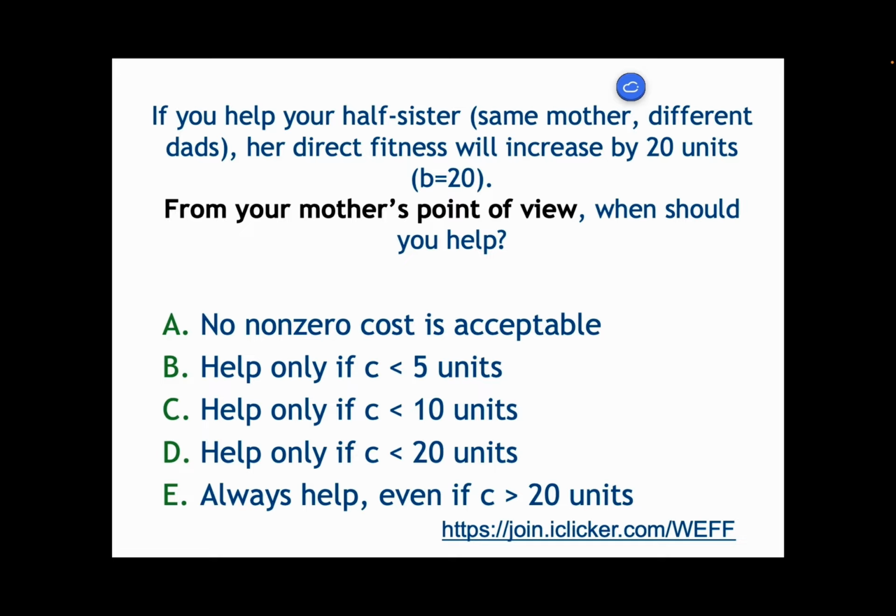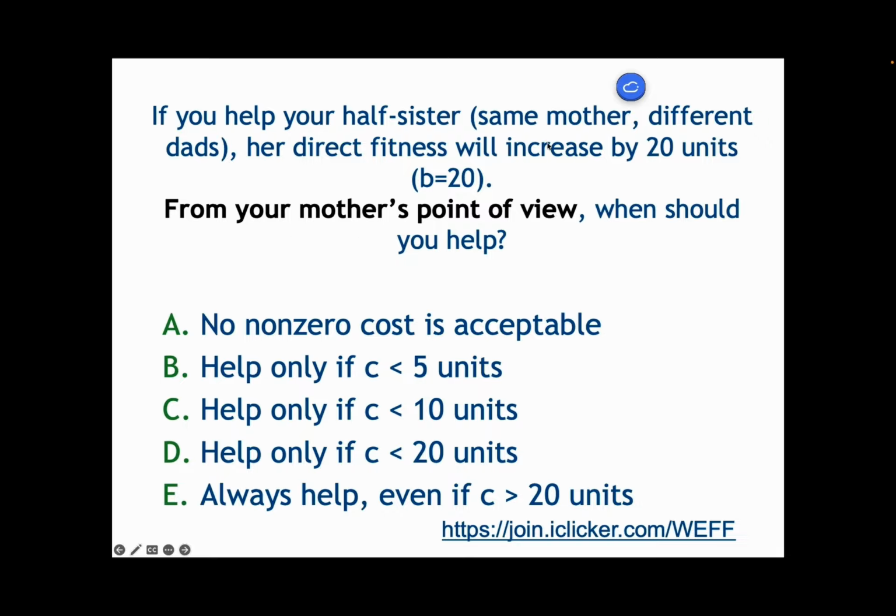That is the coefficient of relatedness between two half-siblings, in this case, individuals that have the same mother but two different fathers. And again, the benefit to this half-sister, to the individual that would receive the help, is 20 of these arbitrary fitness units: 20 sandwiches, 20 pizzas, 20 extra offspring.